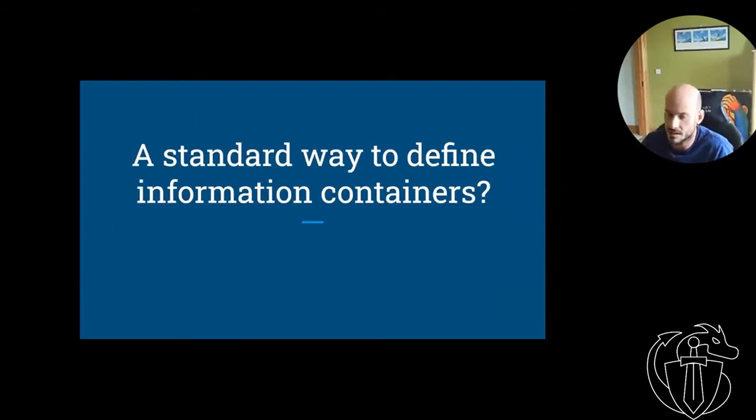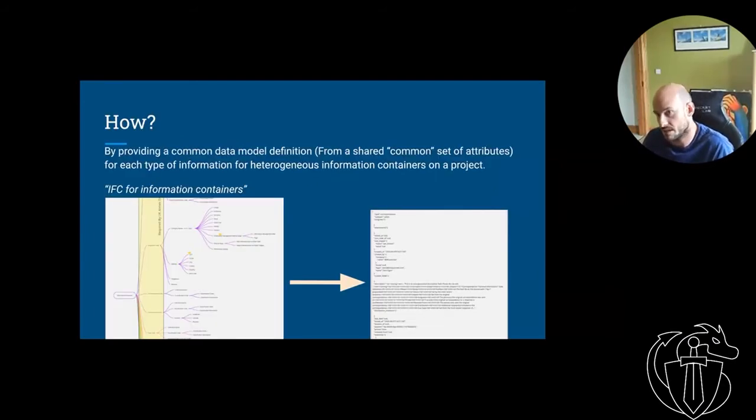So what we're proposing here is to present a standard way to define information containers by providing a common data model definition from a shared common set of attributes for each type of information inside these information containers that we exchange on a project.